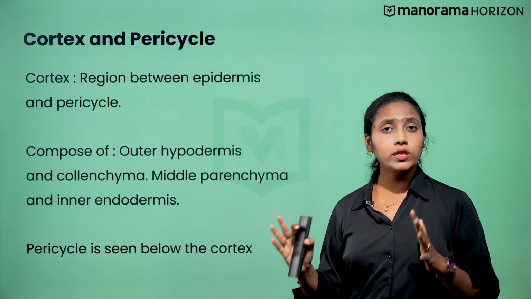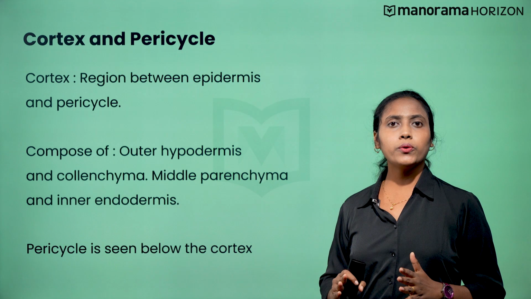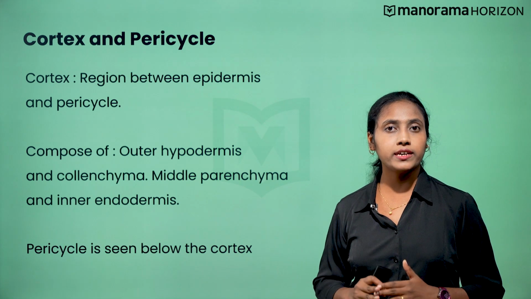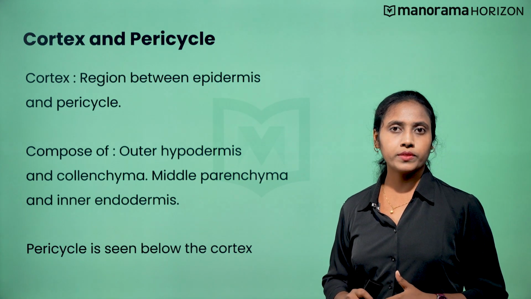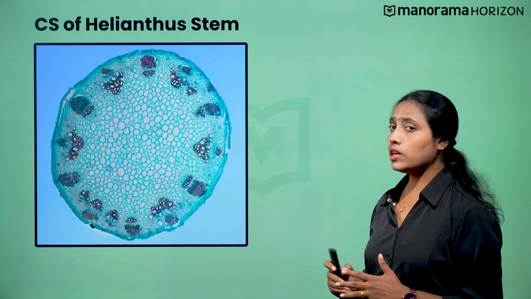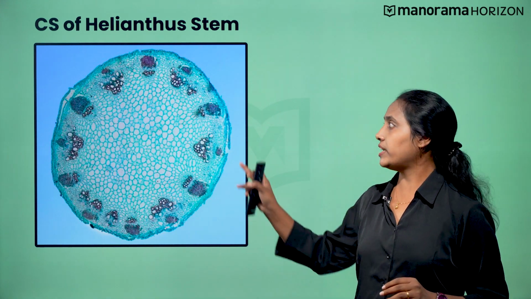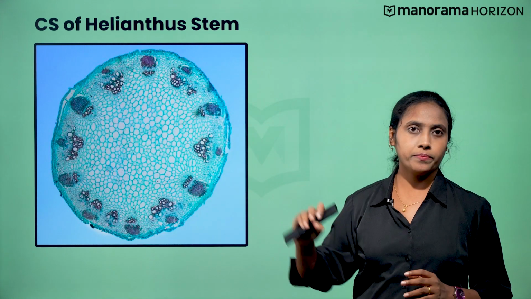Keeping aside all the tissues discussed, do you know how the vascular bundles are arranged in the dicot stem? Well, the vascular bundles are arranged in a ring-like manner.